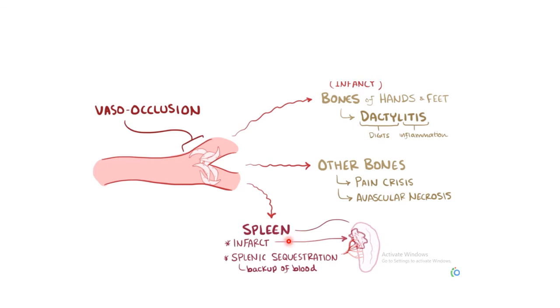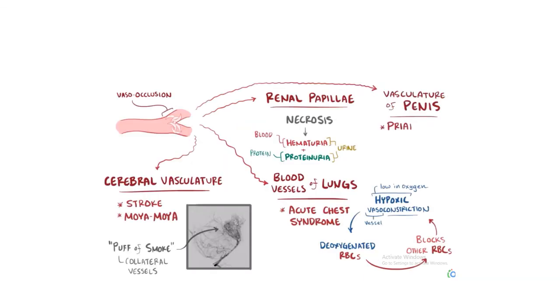When the vasoocclusion involves the spleen, there is infarction and splenic sequestration. When it affects the vasculature of the penis, it will cause priapism. Renal papillary necrosis will cause hyposthenuria. And when the blood vessels of the lung are involved, it will cause acute chest syndrome.